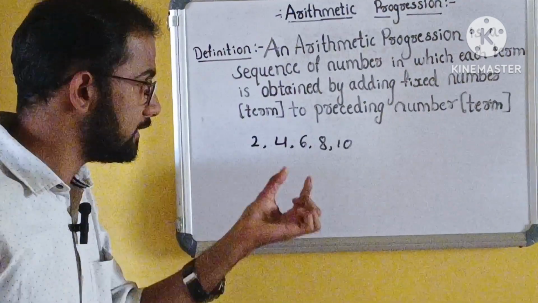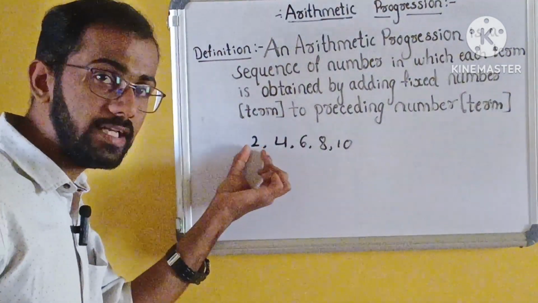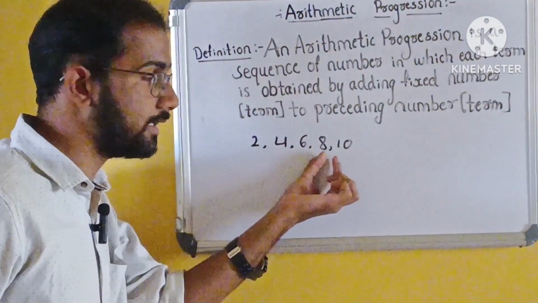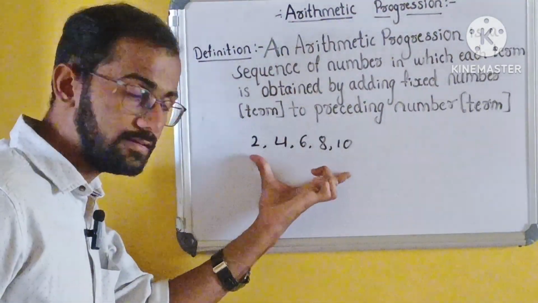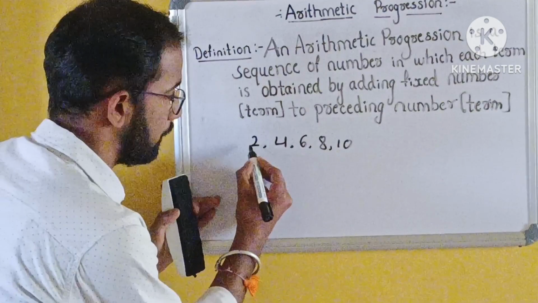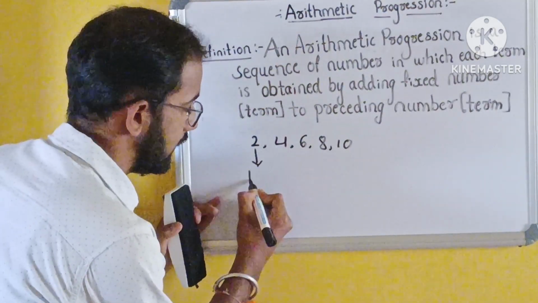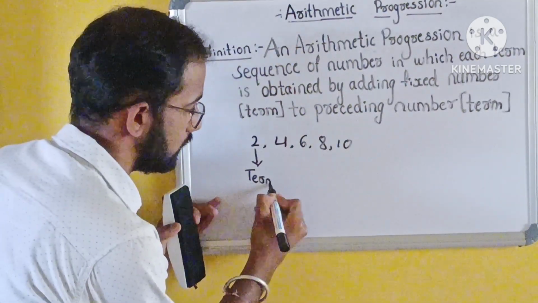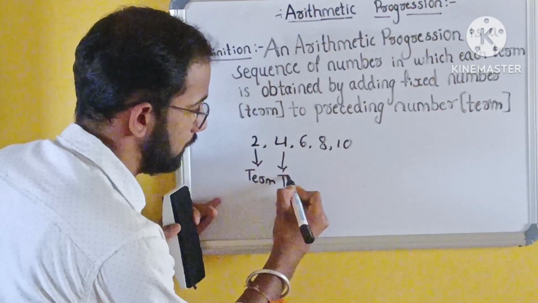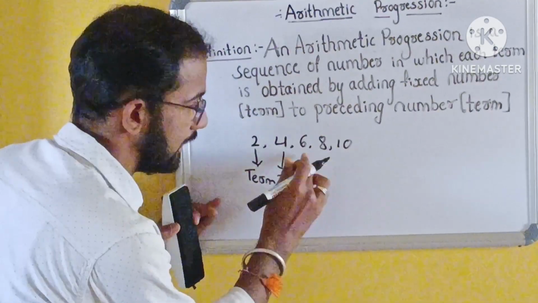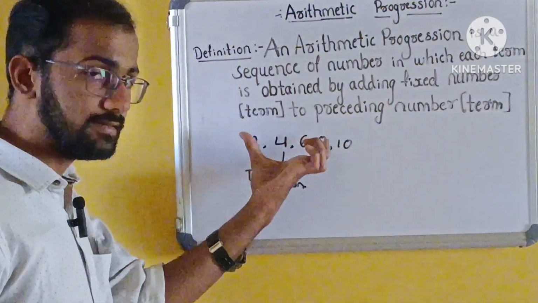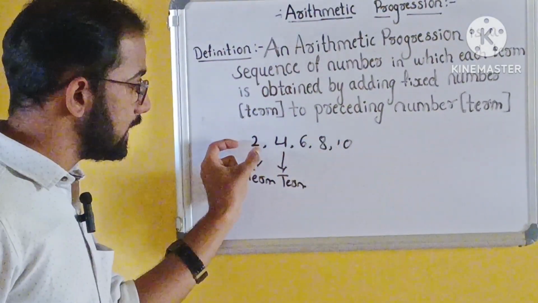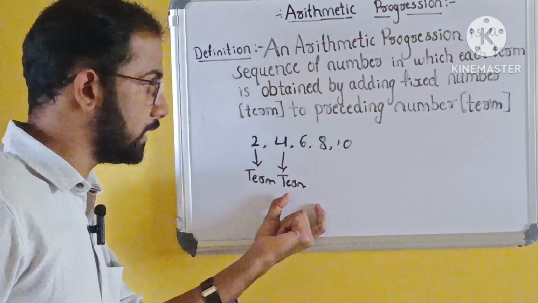In a sequence, every number is said to be a term. This is one term, this is another term, and this is another term. Like this, in a sequence, each number is said to be a term.